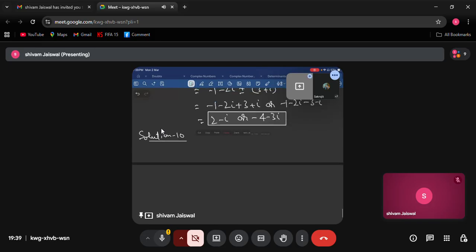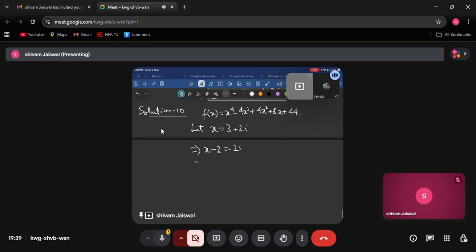So let x equal to 3 plus 2 iota. This implies x minus 3 is equal to 2 iota. Squaring both sides, you are getting x square minus 6x plus 9 is equal to minus 4. This implies x square minus 6x plus 13 is equal to 0.